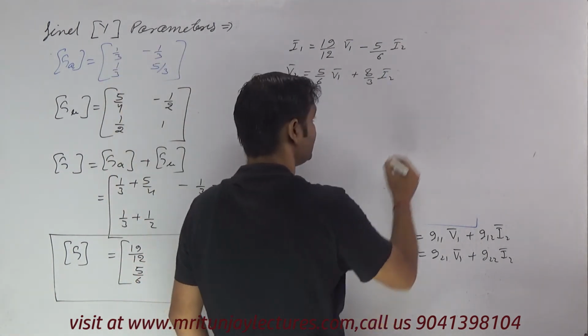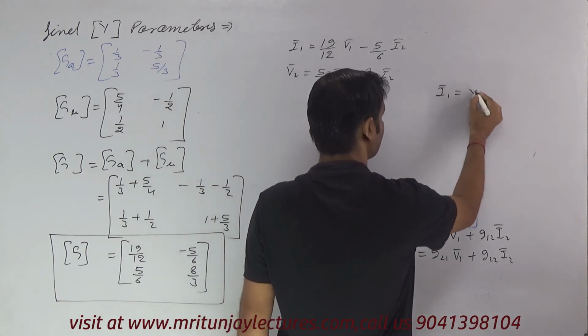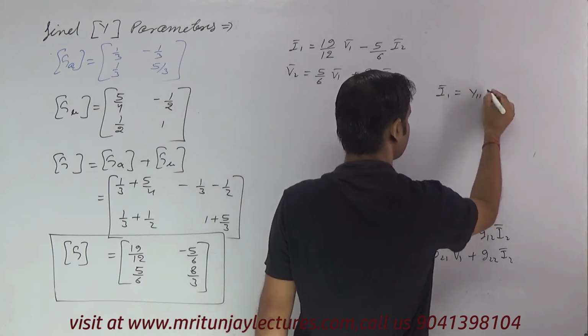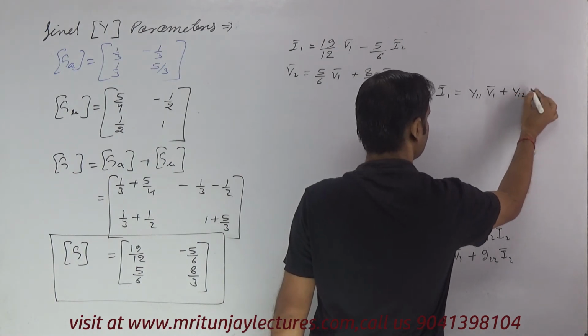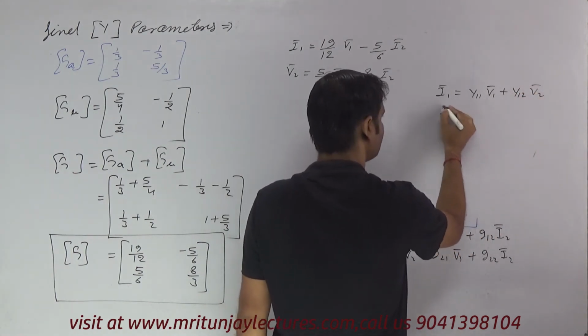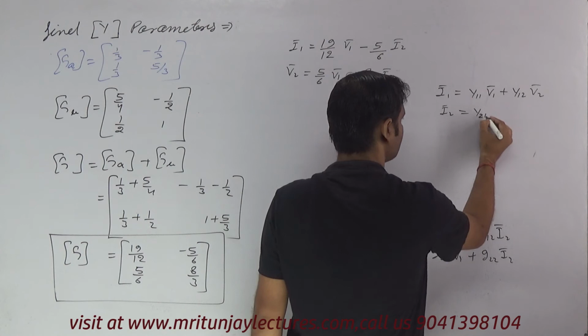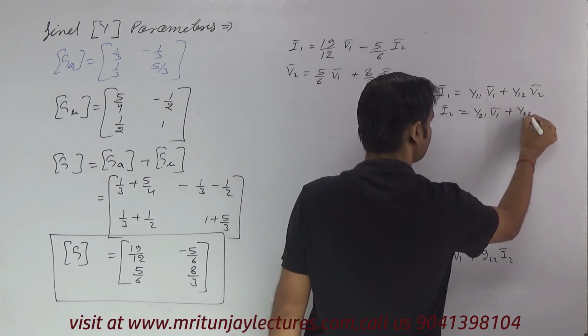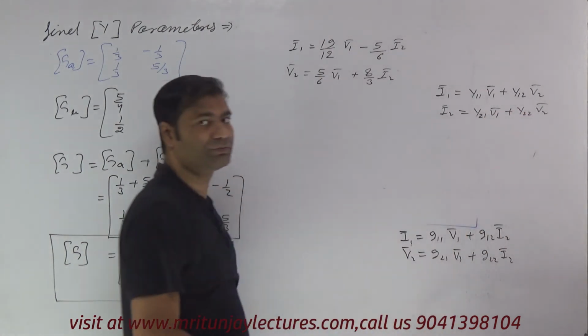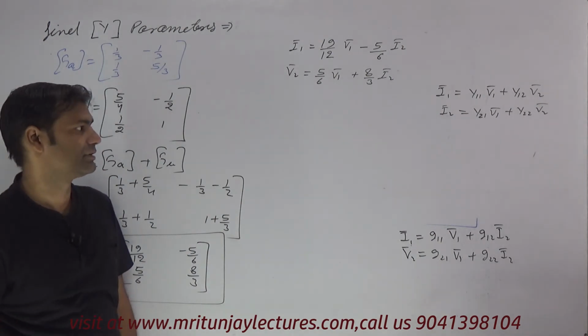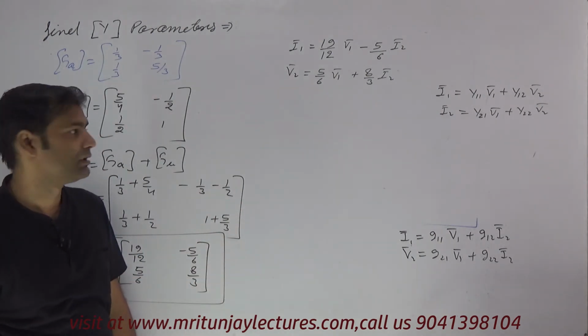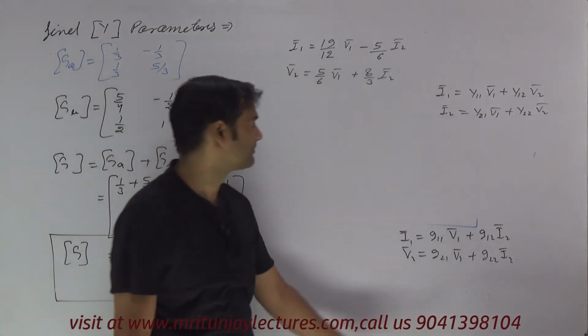I know that for the Y parameter, I1 is Y11 into V1 plus Y12 into V2, and I2 is Y21 into V1 plus Y22 into V2. So first of all, this whole circuit is converted like this. This is the Y parameter.